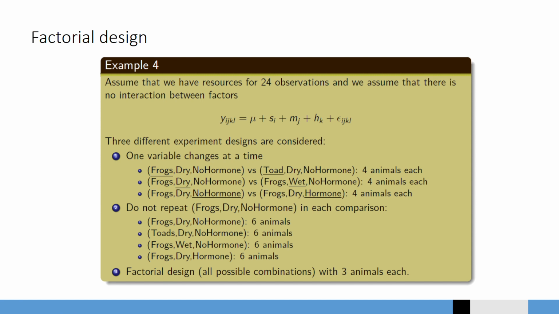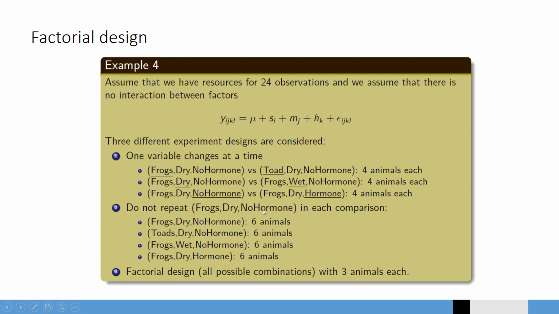So actually the factorial design, this one in which you make all possible combinations, and you put the same number of animals in each one of them, is much more powerful than these 2 other designs. Because if you count, when you compare frogs with toads, you will have 12 frogs and 12 toads, and you will have 12 dry animals and 12 wet animals, 12 animals with hormone, 12 animals without hormone.